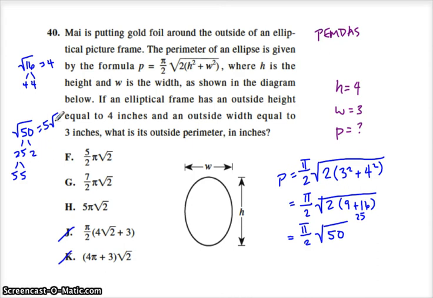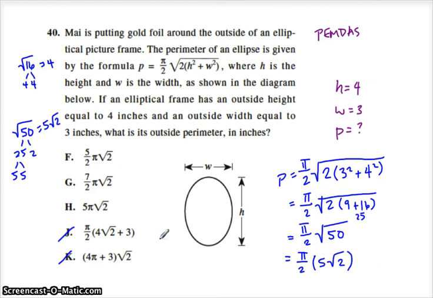The 2 didn't have anyone to be paired up with, so it stays underneath the radical. So that means when I come back over here on the right, I can rewrite the square root of 50 as being 5 times the square root of 2.